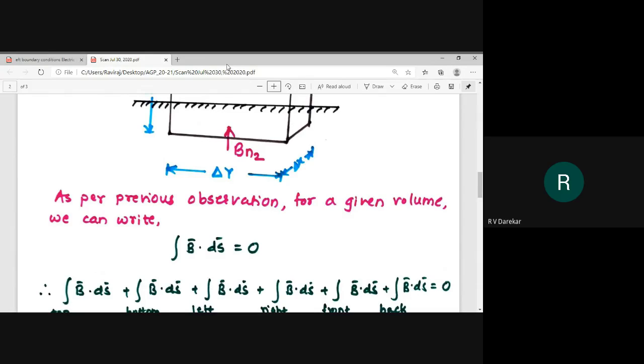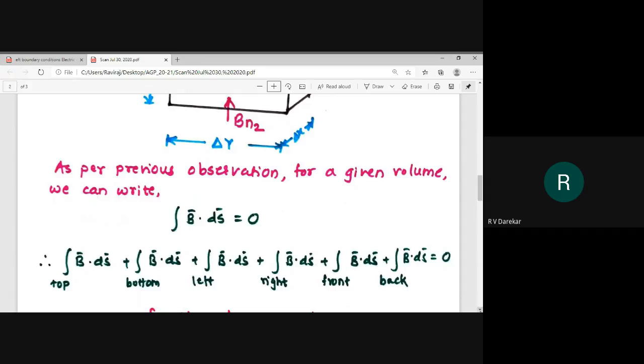It is considering the whole volume. As the volume is considered and dS bar is there, we will consider all six faces of the volume. All six faces will comprise the top surface, bottom surface, left surface, right surface, front as well as back surface.